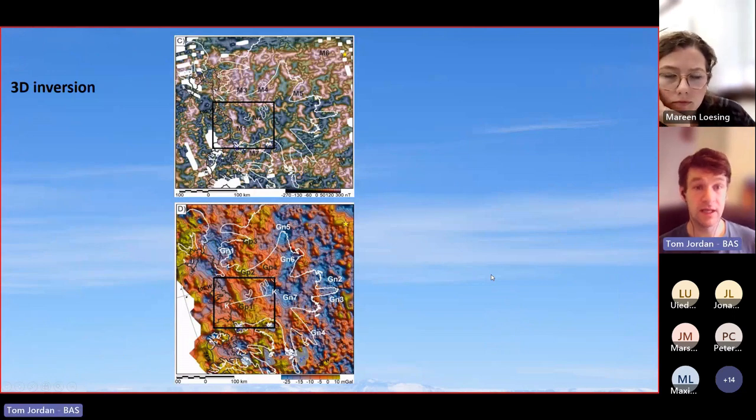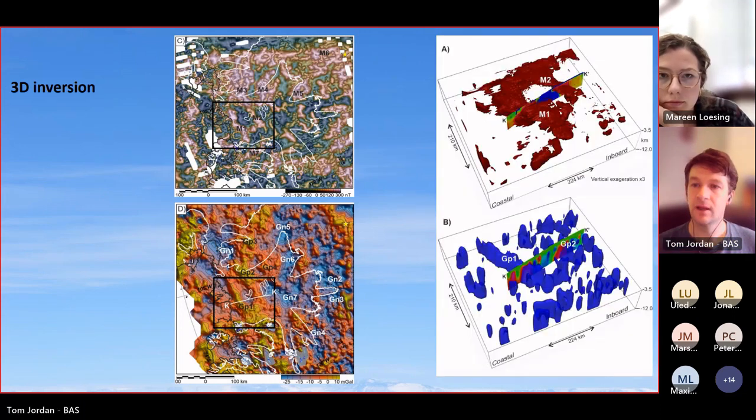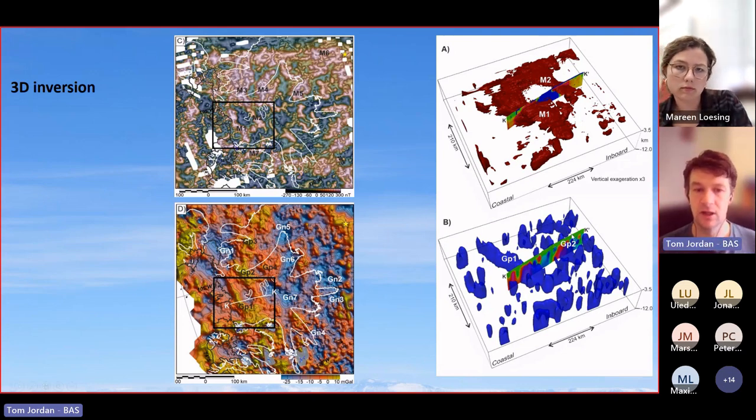We also did some 3D inversion, focusing in again on the same area to try and understand these bodies a bit further. This is the inversion result. It was a distinct inversion where we inverted the magnetics or inverted the gravity, but in both cases they seem to show up these linear bodies at approximately the same depth, although the output of the gravity appears to be more noisy, and we couldn't get the same resolution and get a successful inversion.